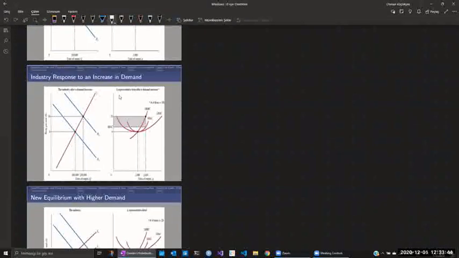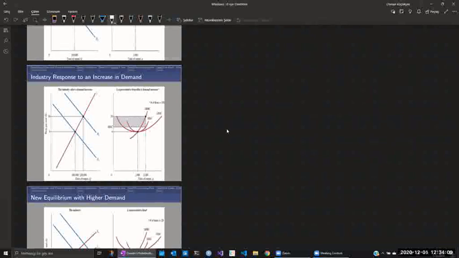Okay. So what happens if there is a change in the short run, right? There is a short run increase in the demand. So if this price level is higher than the average cost level, when the marginal cost is equal to price, then there is a positive return that we observe here, right?